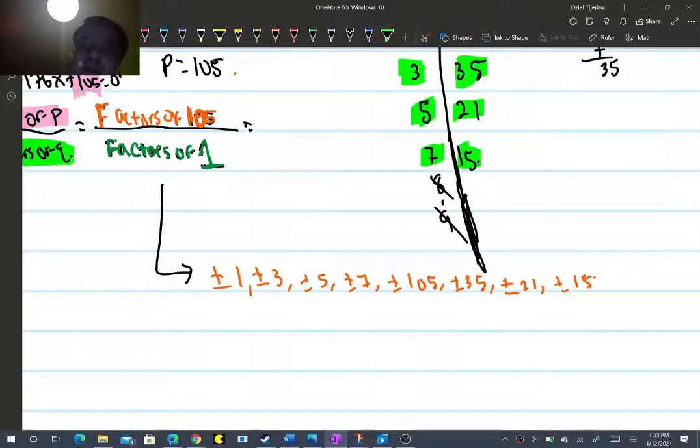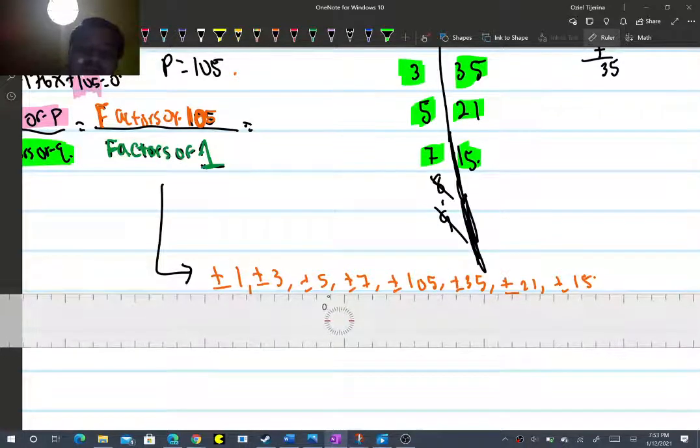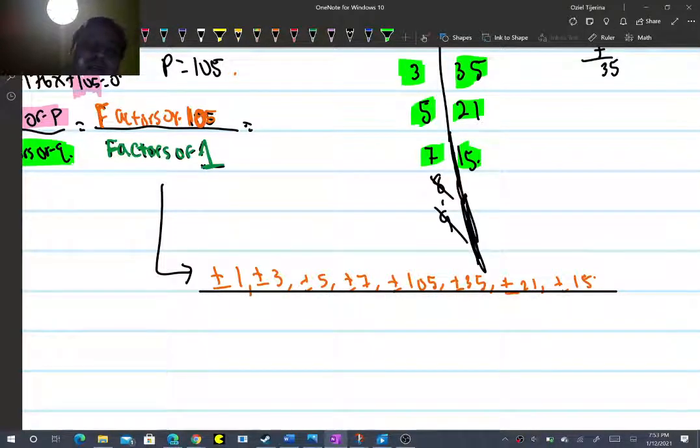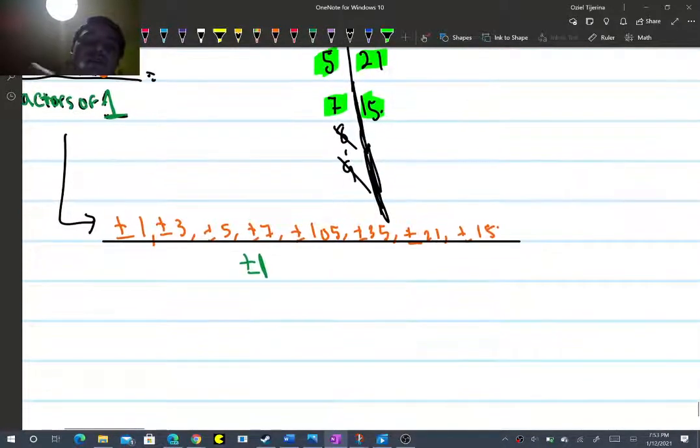Now, you're going to do a division symbol, so you're going to divide it like a fraction. Put all of these over, and the bottom part, the factors of 1, they're just plus or minus 1, because 1 times 1 and negative 1 times negative 1 are equal to 1. So those are the only two factors.